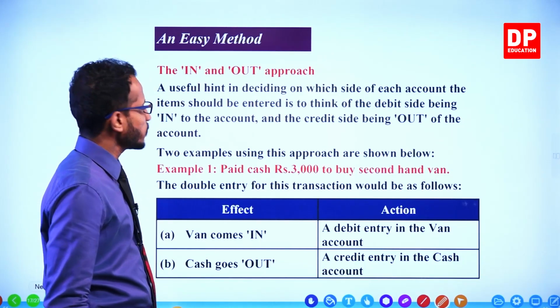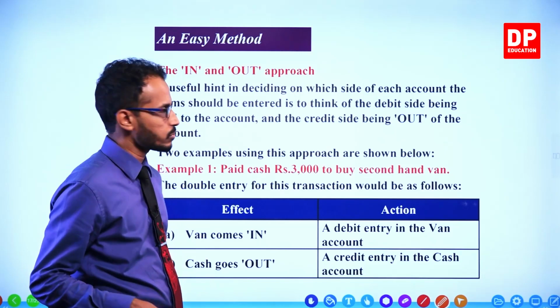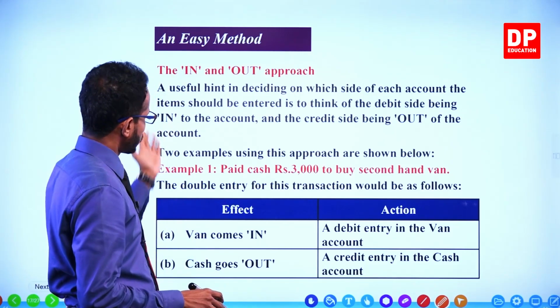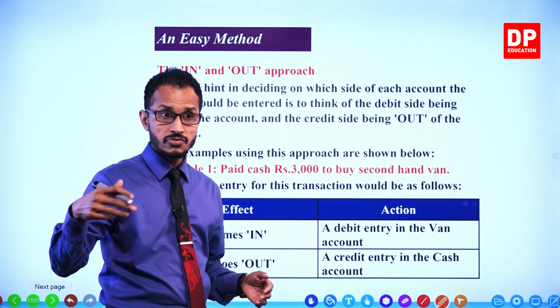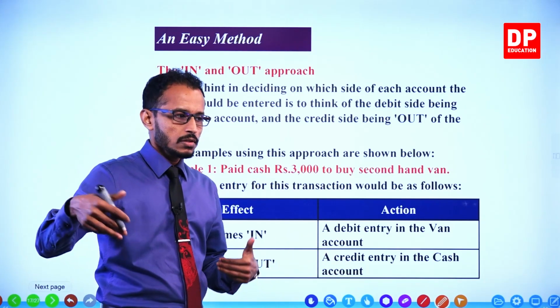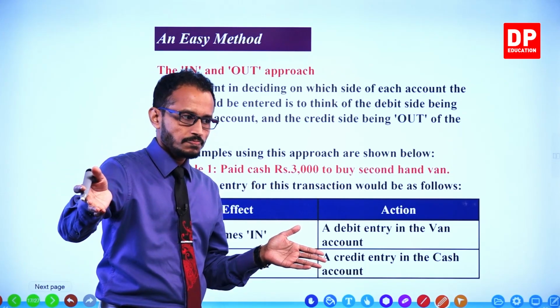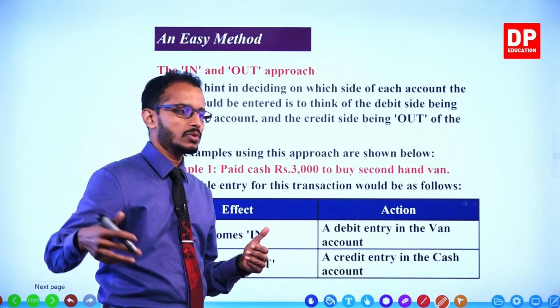Well, I'm going to give you an easy method just for your use. Read out, children. This is an easy method that you can use in the beginning, but you can't go further when you go into complex accounting practices.